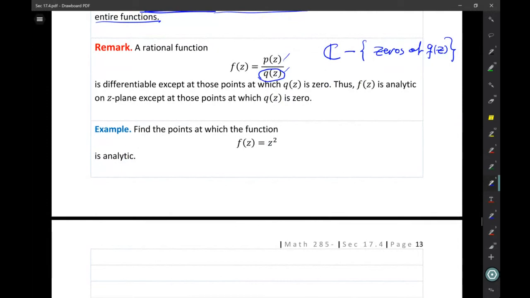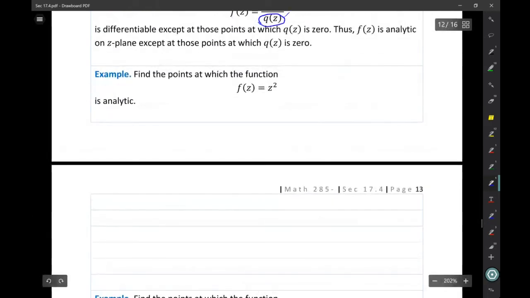Now let us see this example. It says find the points at which the function f of z equal to z squared is analytic. First of all, have a look. The function f of z is a polynomial, so it is differentiable everywhere.